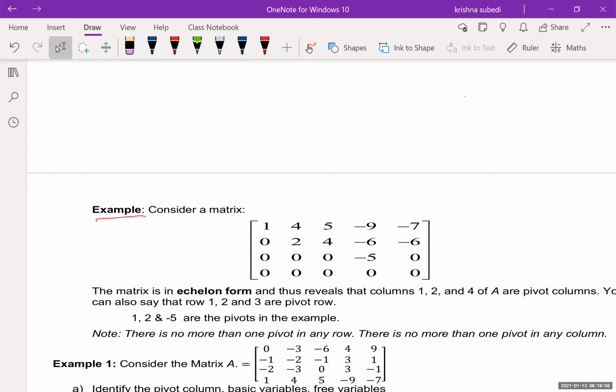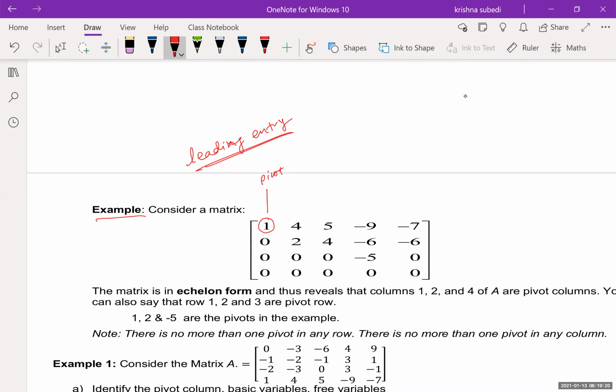Now, in this matrix, of course, this is your pivot. This is your first pivot or leading entry. Another word is leading entry. You can say that. But from now onwards, I'm gonna call this pivot, okay?